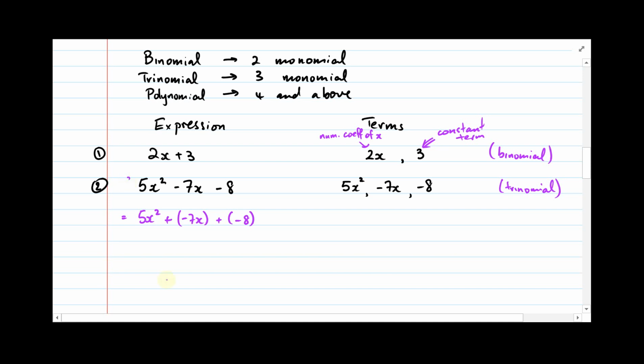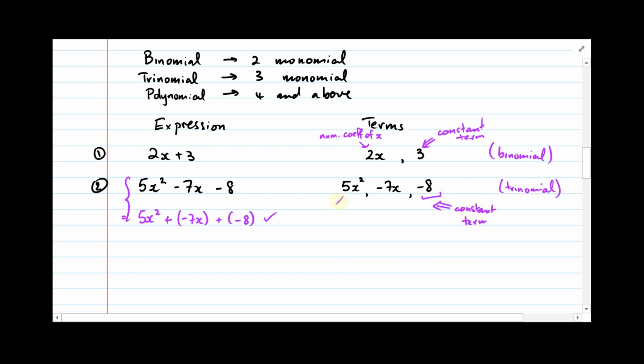So if you look at my writing or presentation here, then you will see clearly why I picked out the respective positive or negative signs for the different terms. If we were speaking about some of these things, again, minus 8 would be the constant term.